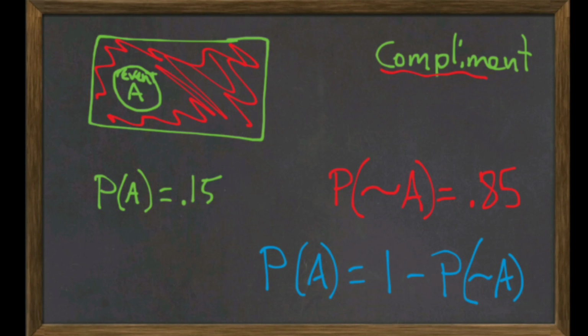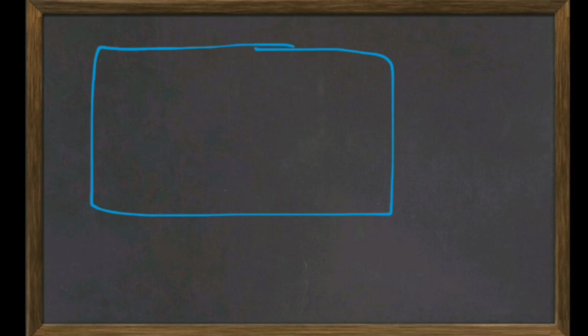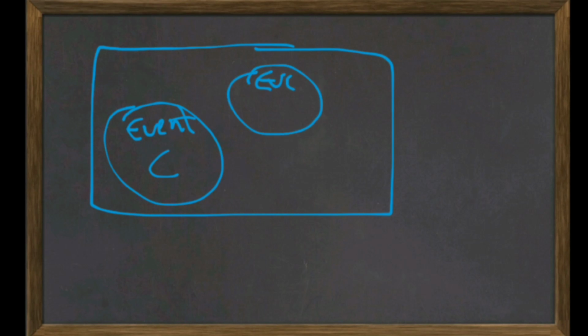So we can put more than one event in a Venn diagram. Let's just put another box out here. Maybe this is event C and event D. Oftentimes we just write the letter, but so event C and event D are depicted on the same Venn diagram.